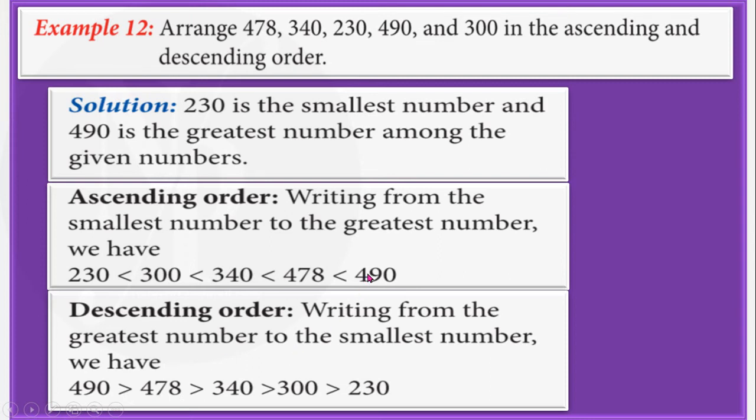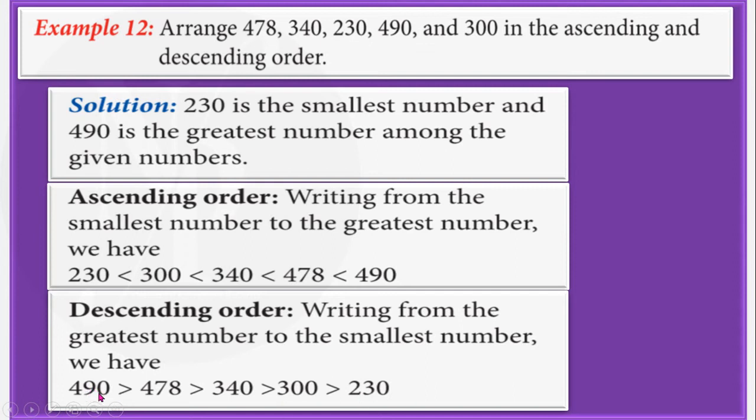So we need to write 490 first, which is greatest among the given numbers. Next, 478 is written in second place, and 340 in third place, 300 in fourth place, and 230 in the fifth place by writing greater than symbol in between these numbers.